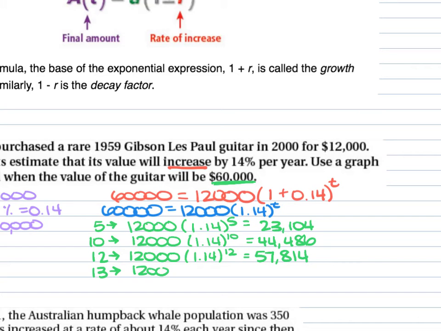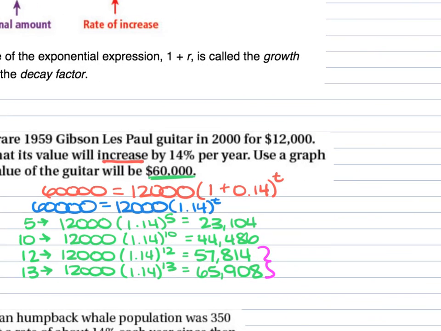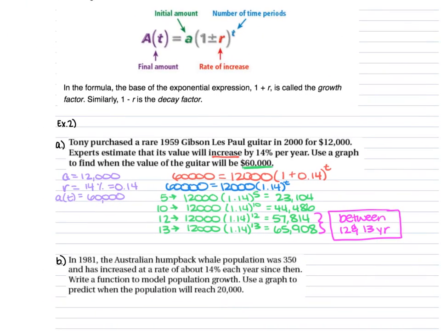So 12,000 times 1.14 to the power of 13 gives me 65,908. So between these 2 years, it's going to be 60,000. So your answer with these is just going to be between what 2 years? So between 12 and 13 years, it'll be worth 60,000.